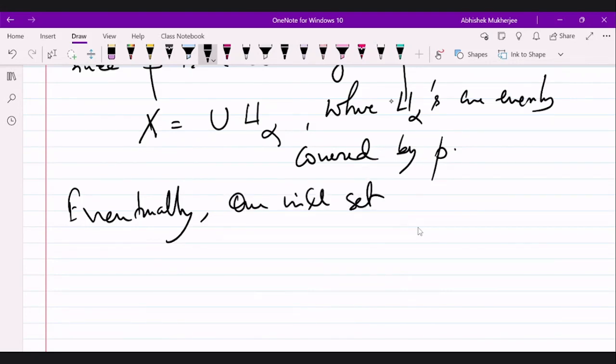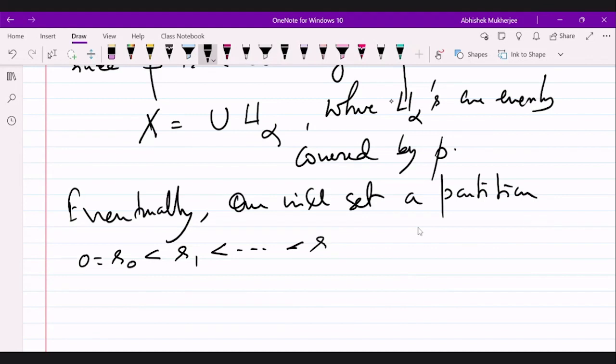So eventually one will get a partition of the interval, let us call it 0 equals S0, S1, up to Sn equals 1.